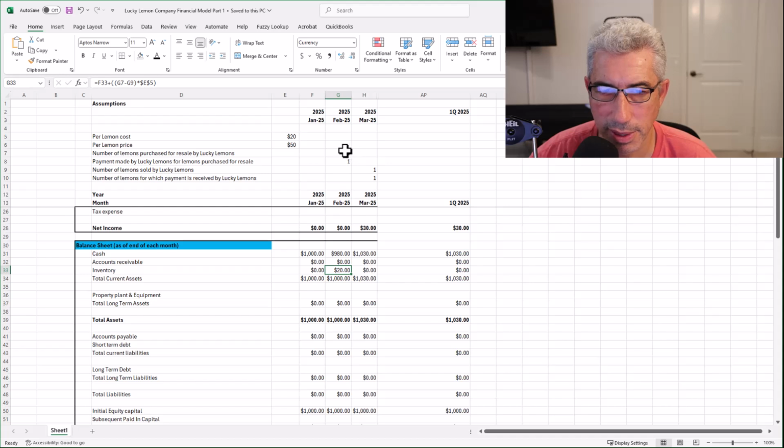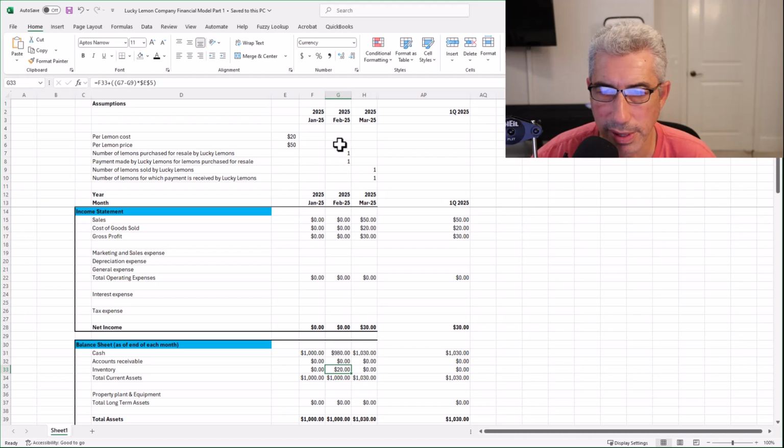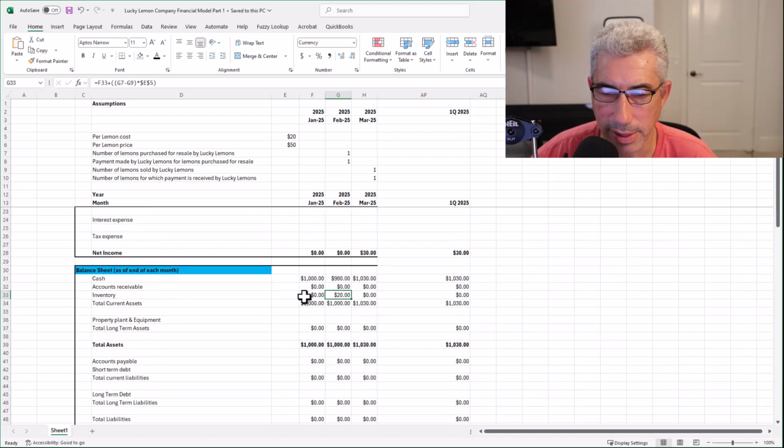It drives off F32 plus G7 minus J. So it's driving off these numbers here, plus the cost, this number here, and then adding to the previous month. So we purchase a lemon, and the effect on the balance sheet is that the inventory increases by $20.